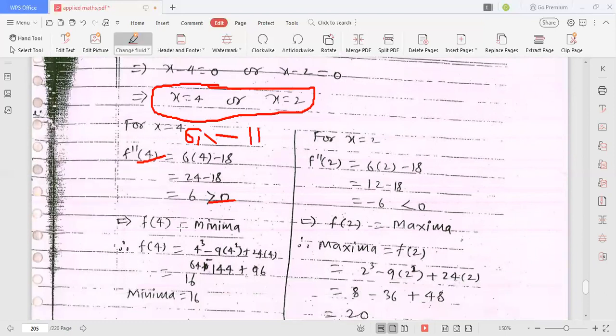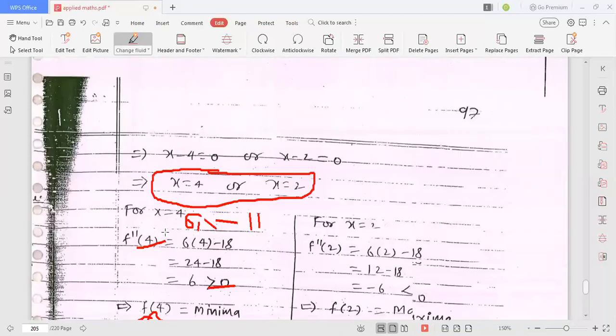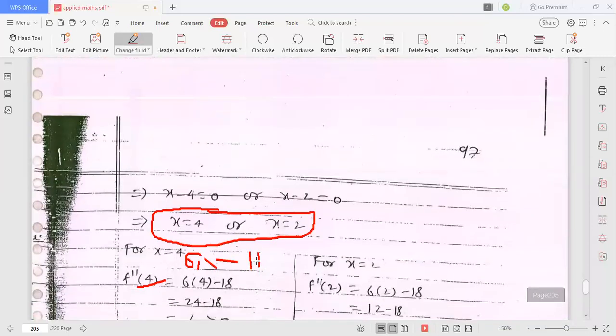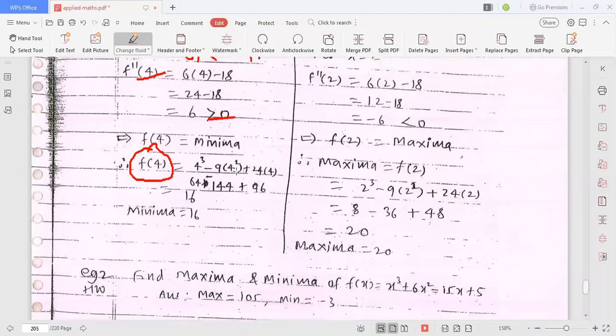To find the minimum value for this function, we have to put this 4 in the function f of x, not f double dash x. The double dash will only tell you whether it is maxima or minima. f of x is given in the question: f of x is x cube minus 9x square plus 24. Substituting x equal to 4 in this equation, we get 16. So our minimum value, also called the minima, is equal to 16.